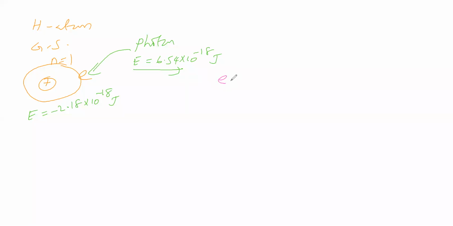The kinetic energy of this electron is equal to the initial energy minus the energy utilized for breaking the attraction between the nucleus and the electron, that is 2.18 into 10 to the power of minus 18 joule.